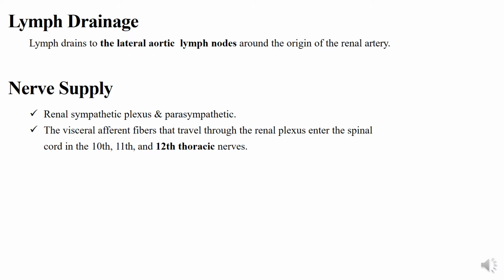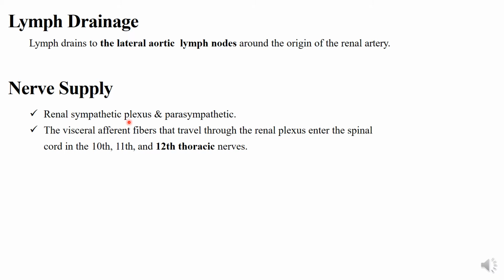If you look into the lymphatic drainage from the kidney, you will find that the lymphatic vessels are following the renal veins, and they drain into the lateral aortic lymph nodes that surround the renal arteries.